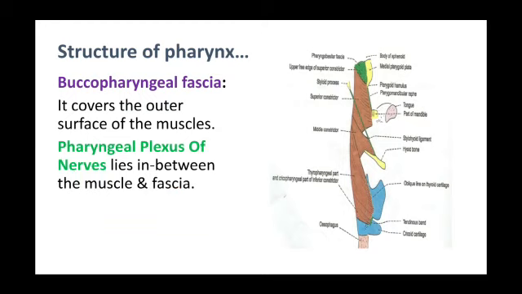The outermost layer forms the buccopharyngeal fascia. It covers the outer surface of the muscles. In between the muscle and the fascia, we have the pharyngeal plexus of nerves.